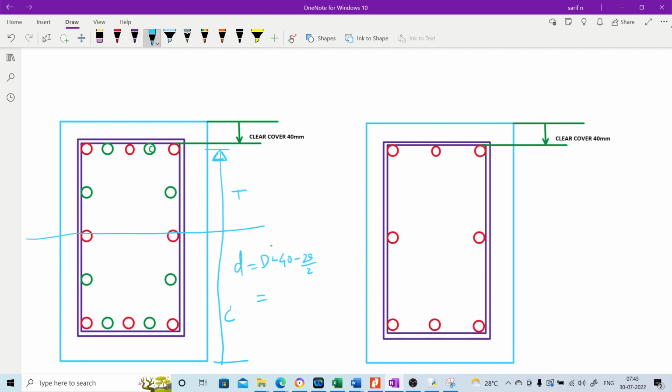So here we will have to provide one cross tie here. Okay, one cross tie will have to be provided here.